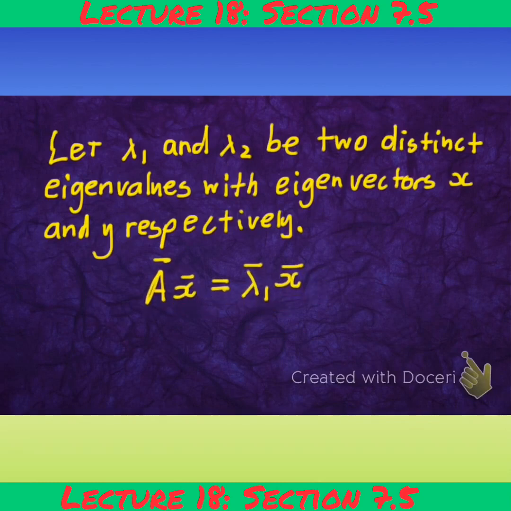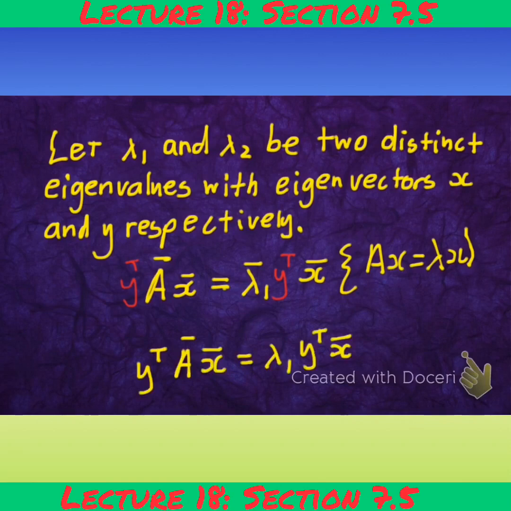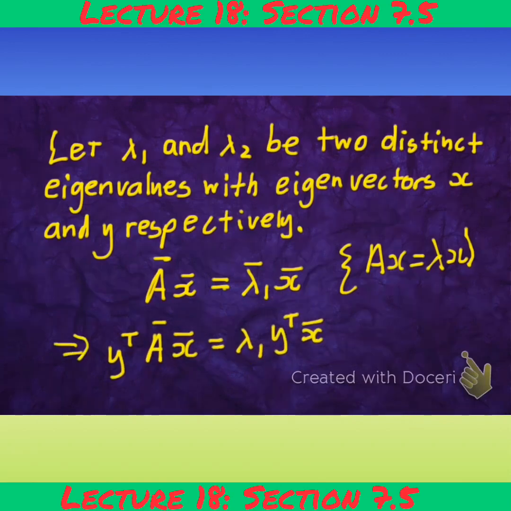Again, remember, we've got that AX satisfies that equation. So we take conjugates on both sides. Then I'm going to multiply on the right and the left with Y's transpose. So therefore we're going to get this term here.